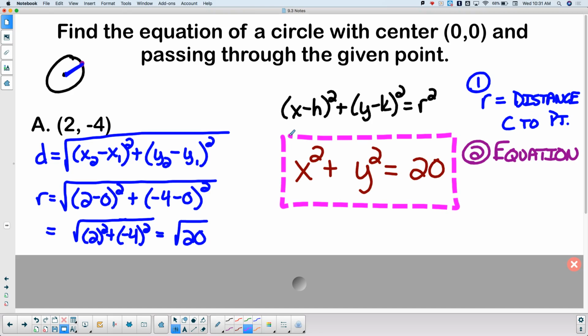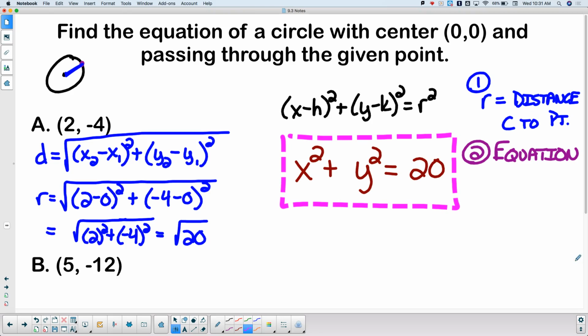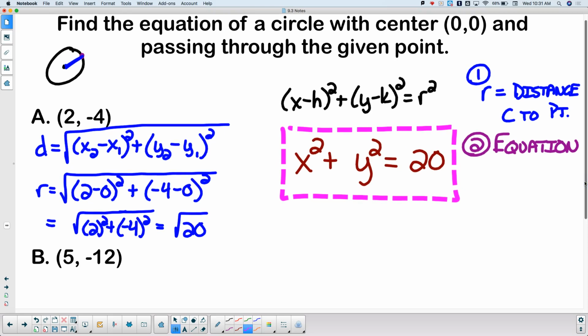Same center point, 0, 0, but now I would like you to find with B here the equation of the circle centered at the origin that passes through the point 5, negative 12.